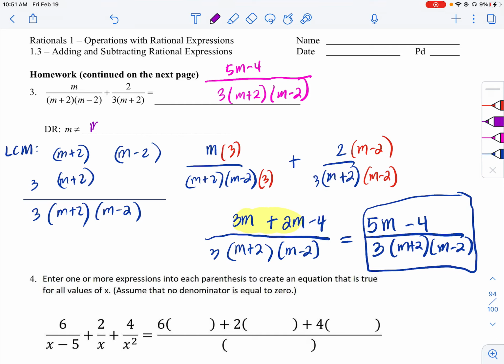This m cannot be a negative 2. In m minus 2, that m cannot be a positive 2. Right? And then in this m, that m cannot be a negative 2, but it's already covered. So our domain restriction, our DR, our m can be any number, but it cannot be a negative 2, it cannot be a positive 2. Okay, and that's the end of it.